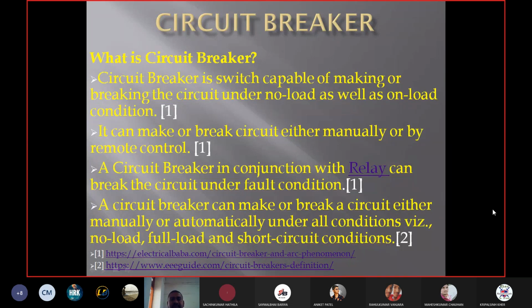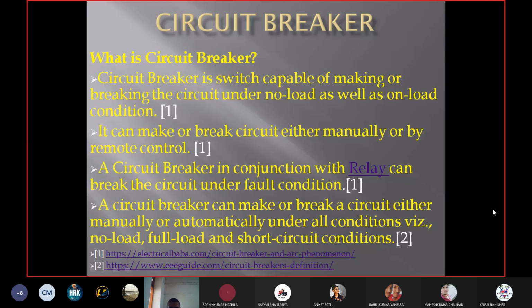We can say that it can make or break a circuit either manually or by remote control. We can make the circuit manually or by remote control. Likewise, we can break the circuit manually or by remote control. A circuit breaker in conjunction with a relay can break the circuit under faulty condition.